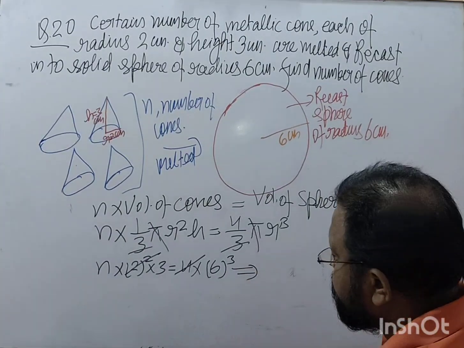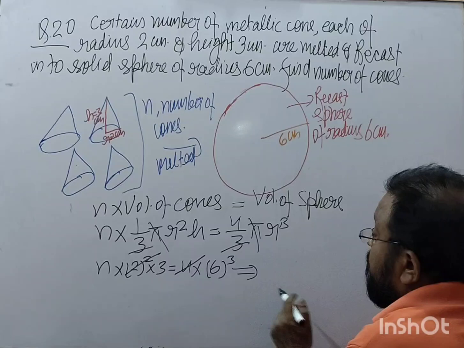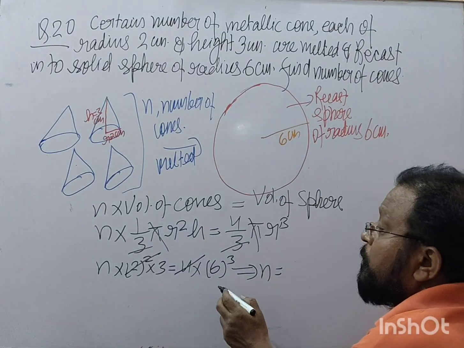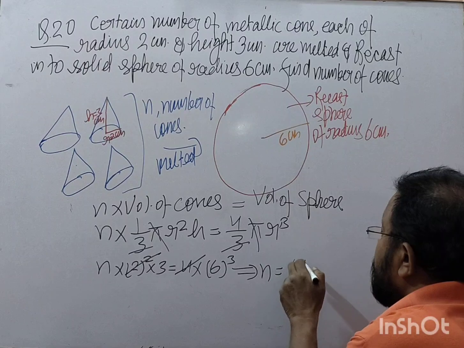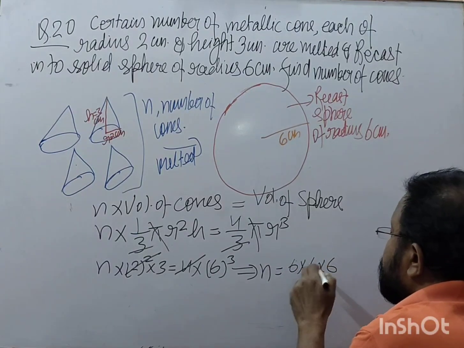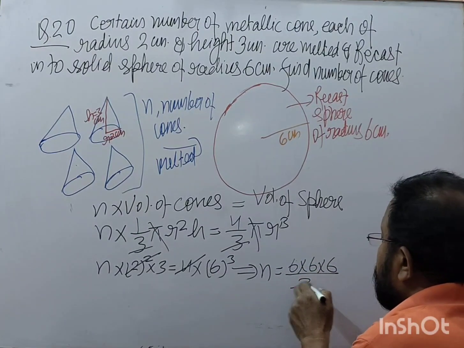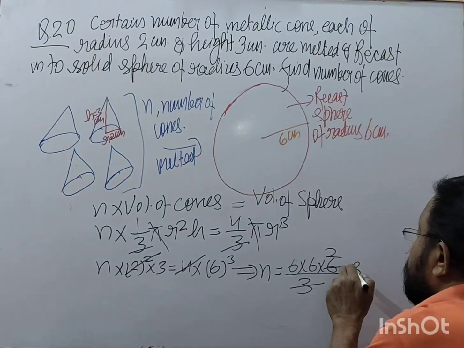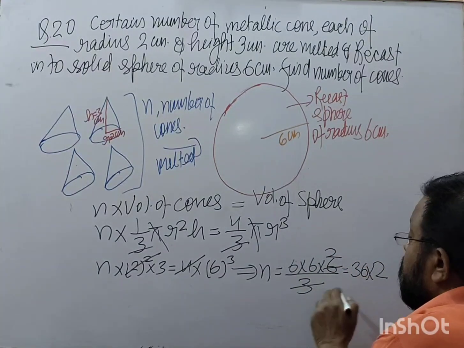So n is equal to 6 into 6 into 6 upon 3 into 2, which is 36 into 2.